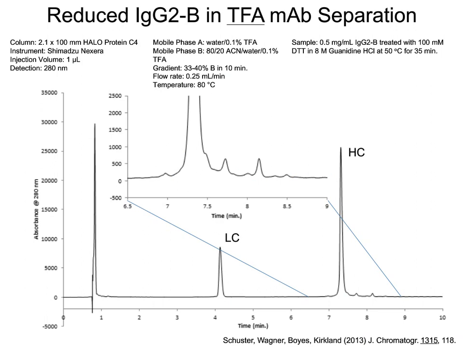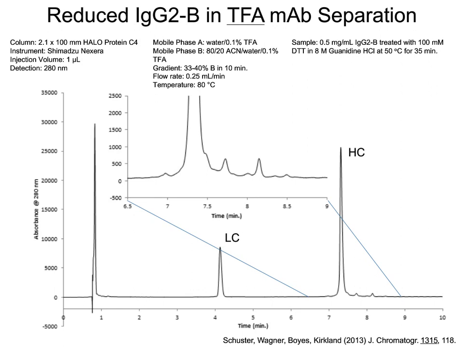In this case, we have a reduced monoclonal antibody where we're separating the light chain and heavy chain subunits, and in this case, using straightforward trifluoroacetic acid conditions with the Halo Protein C4, we're able to resolve heavy chain variants because we're using trifluoroacetic acid.